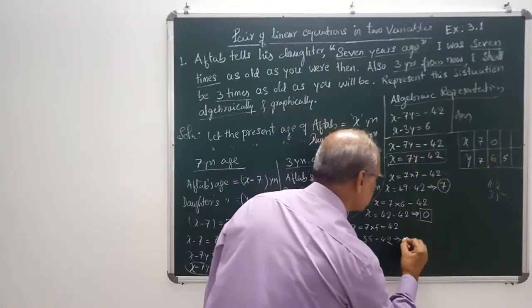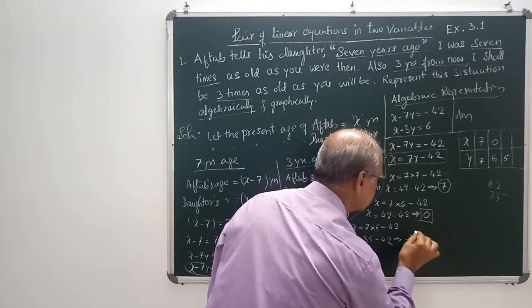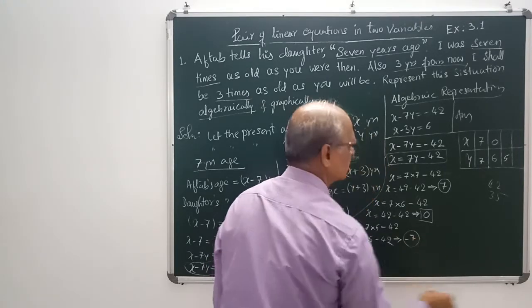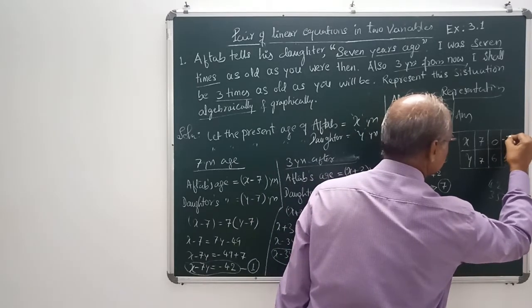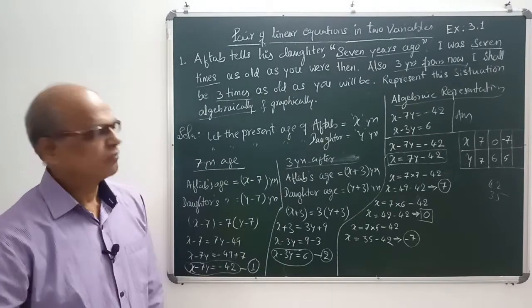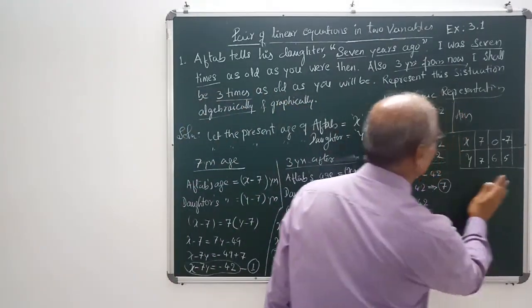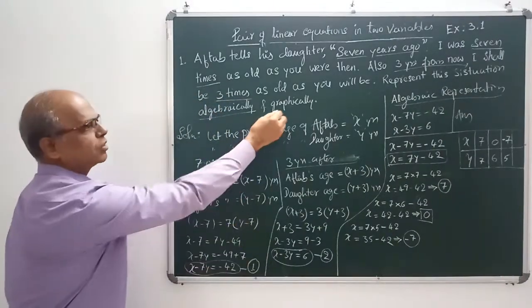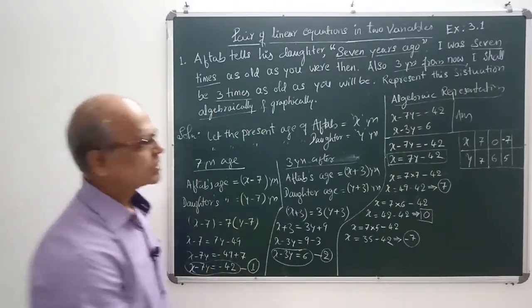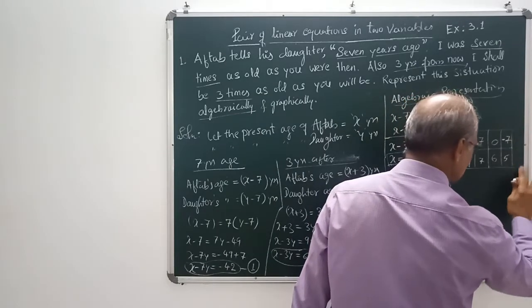But this time it is minus 7. So here it is minus 7. Right? These three values are enough. A fourth one, if necessary, we would have to go in for. I feel we need not solve the equation, they have said only to represent it graphically. So these three values are enough. The fourth one is not necessary in this case.